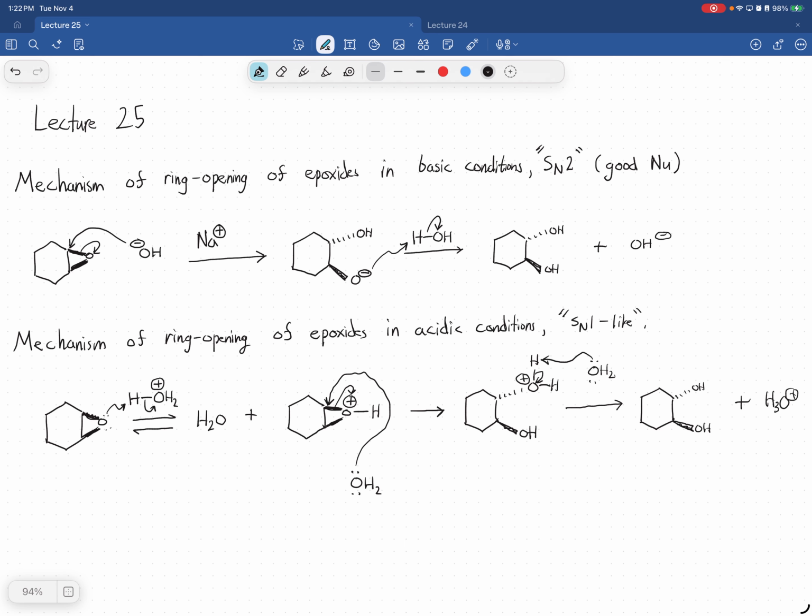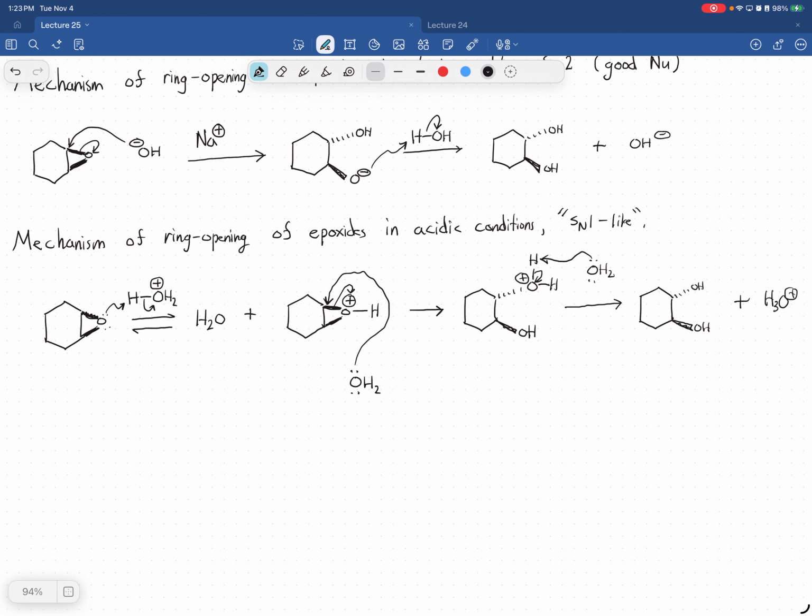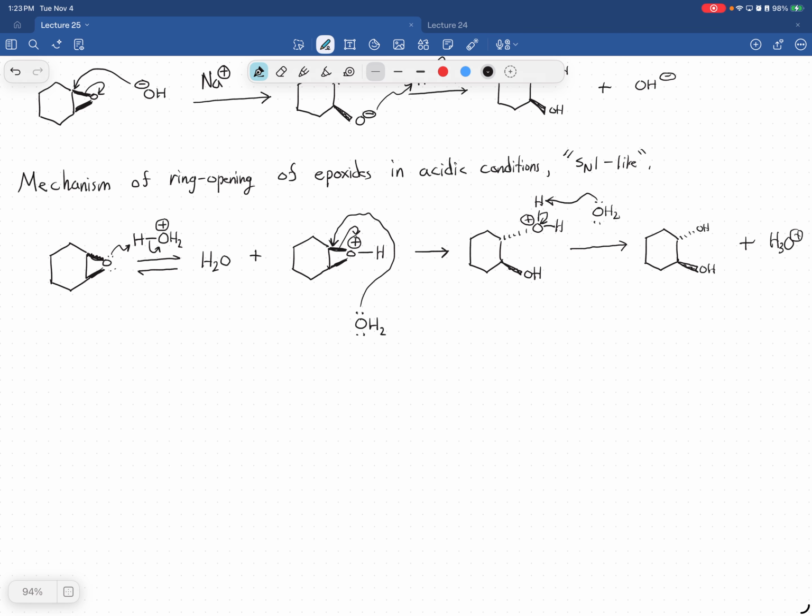All right, now let's talk about regioselectivity here. I'll give you an example, and then I'll do the mechanism again, so we have more practice drawing these arrows. So what if now our epoxide is asymmetrical, not equally substituted? This is where we get into cases where the nucleophile will only add to one side exclusively.